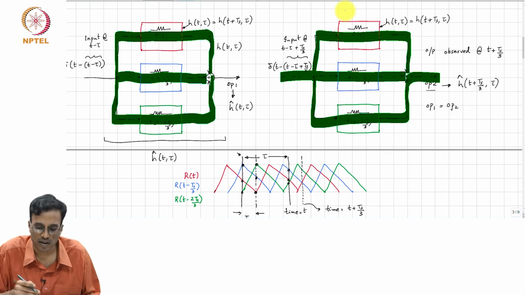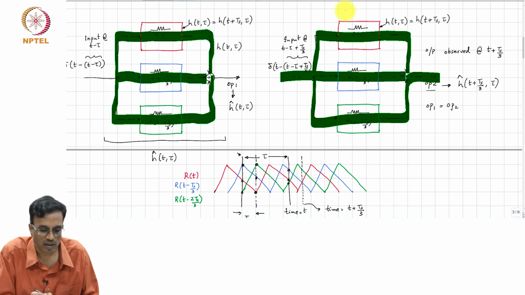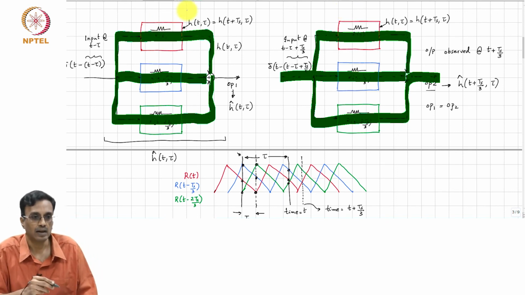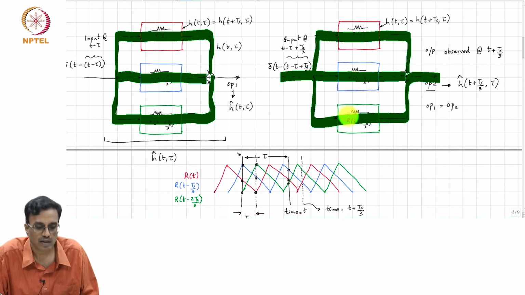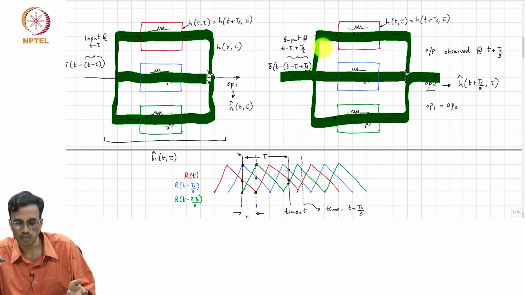If you take a snapshot of this system Ts by 3 later, as we saw in this case, the green box will basically behave like the red box, and the blue box will behave like the green box, and so on.